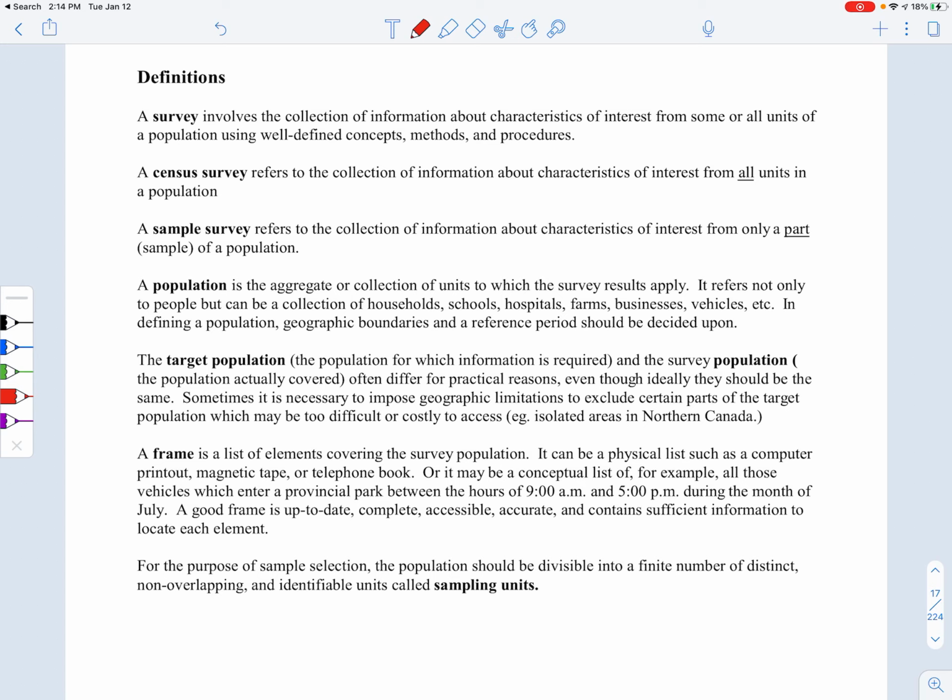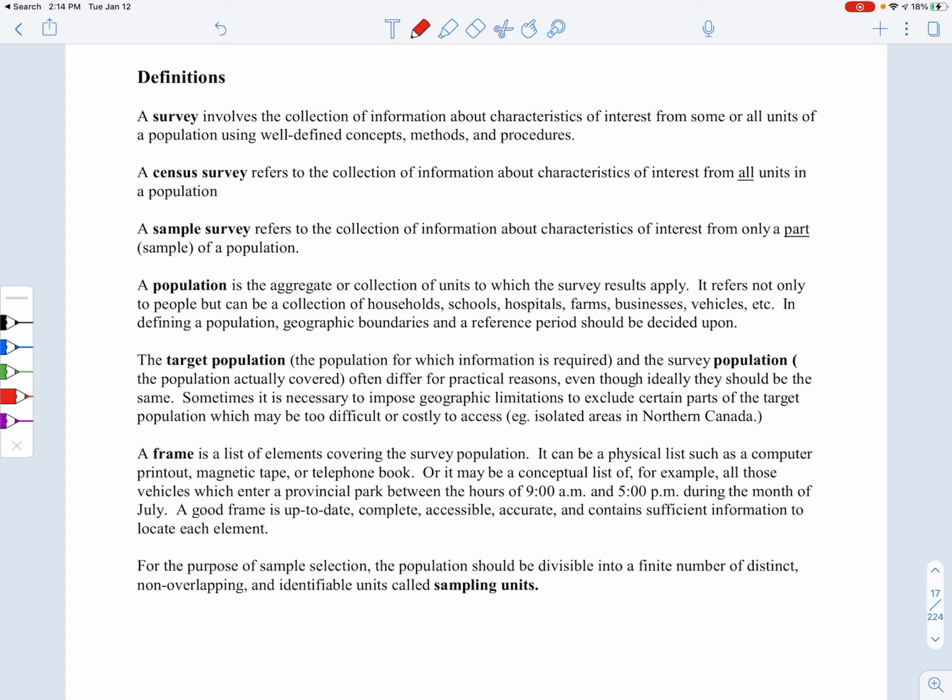But we do want to distinguish here between a census survey and a sample survey. So a census means everybody. And so every 10 years, Stats Canada collects data from everybody in the country.